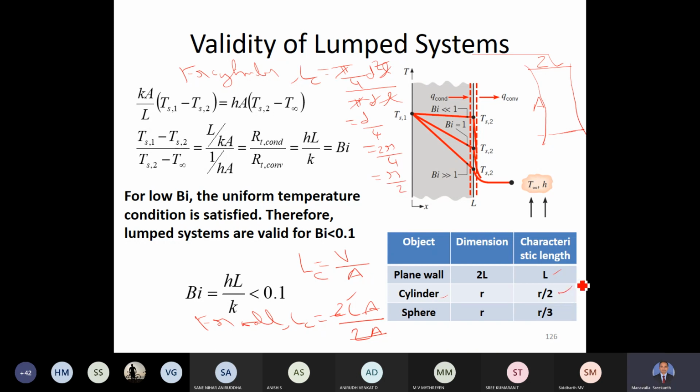So for a cylinder, it's like this. Similarly, for a sphere, you can use the volume and area of the sphere and calculate. You will see that for a sphere, the characteristic length is r by 3. So this is what you need to substitute in place of L.